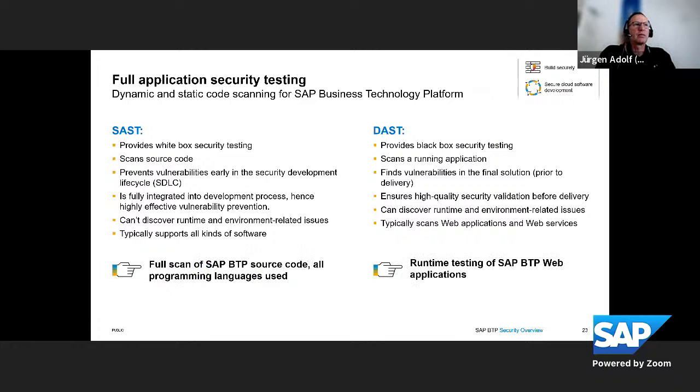And we do a lot of full application security testing. We do static testing, automated testing, and dynamic testing. We use the various test measures. We scan all our source code. We do runtime tests.